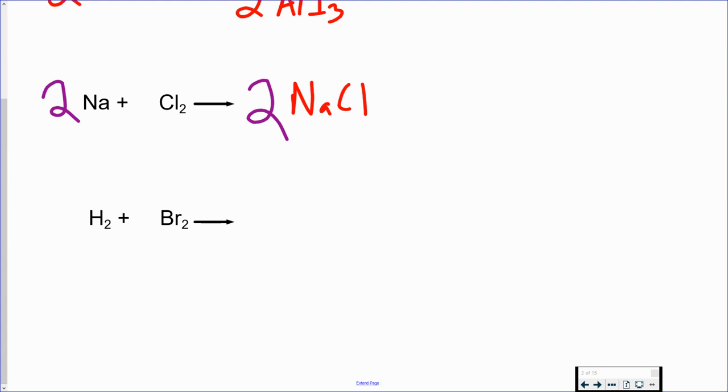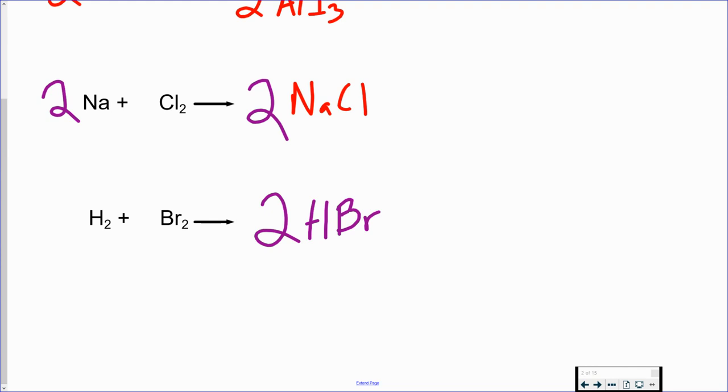Go ahead and try the very last one. 3, 2, and 1. This is going to make hydrobromic acid, HBr. You have 2 H's, 2 Brs, so you need a 2 there. We're balanced. We're good to go.